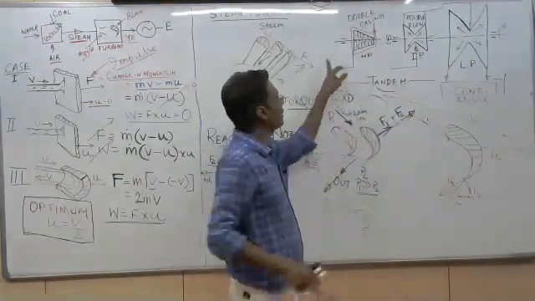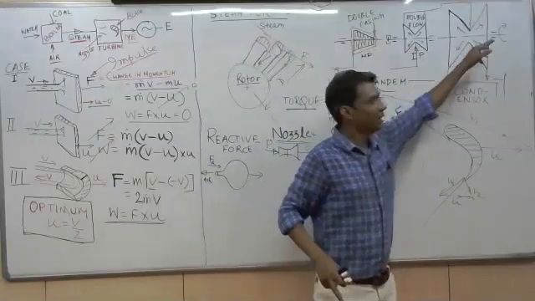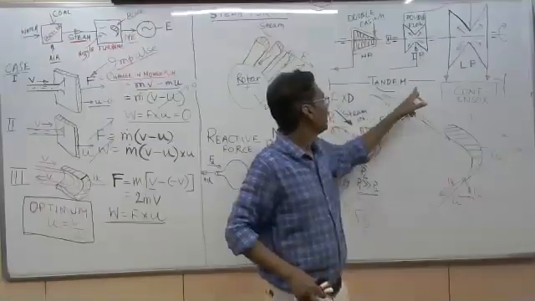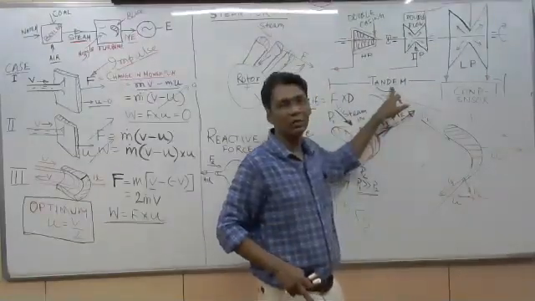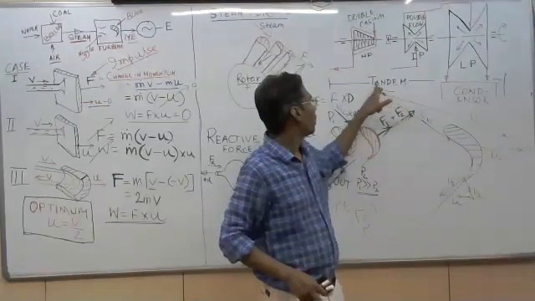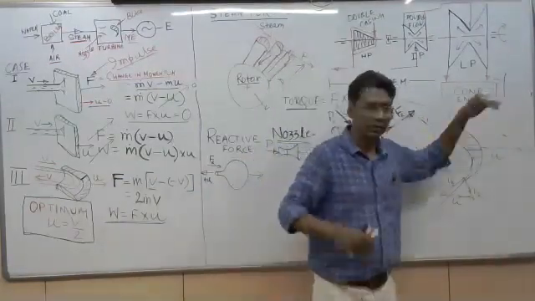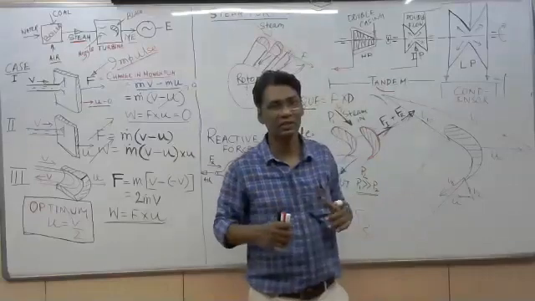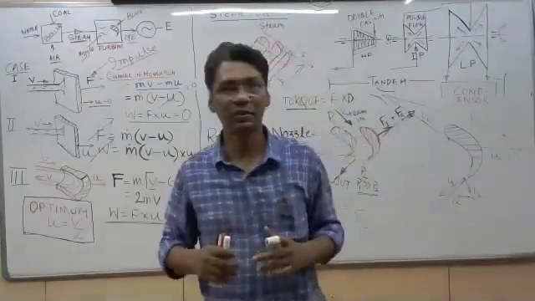All the turbines are coupled in a single line, that is called tandem arrangement, tandem compounded. All the turbines in a single line are coupled together on a single shaft.